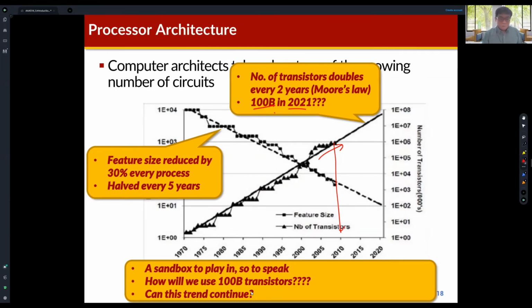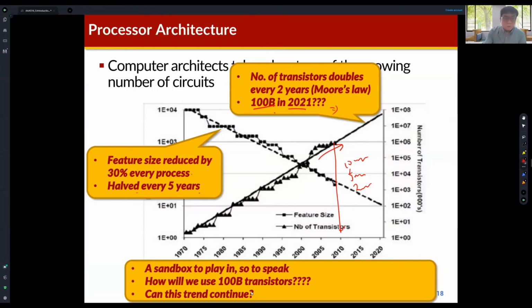So the technology node reduced by 30% every process, and halves every 5 years. So that means we are looking at 10 nanometer, 5 nanometer or 2 nanometer technology in semiconductor lithography. But does Moore's law continue? No, actually not.